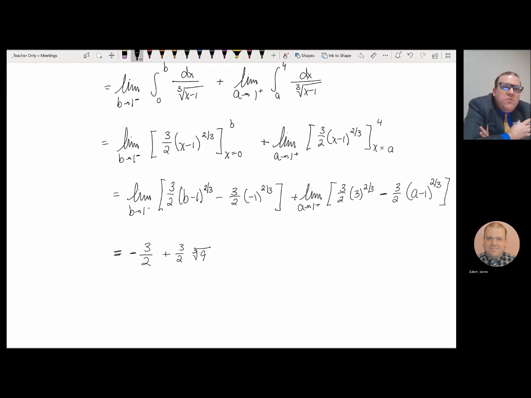As a approaches 1 from the right, what does a minus 1 to the 2/3 do? Approaches 0. There's our integral, which I'm going to simplify.